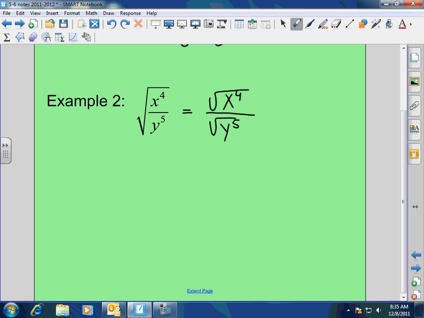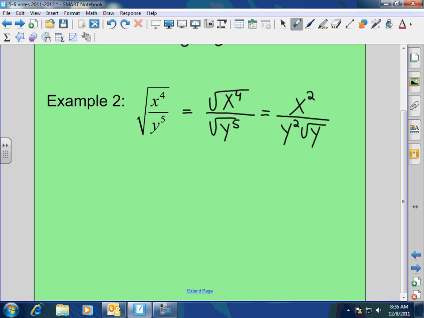The square root of x to the 4th comes out to be x squared divided by, okay, let's think about this. Square root of y to the 5th is going to be y squared times the square root of y.